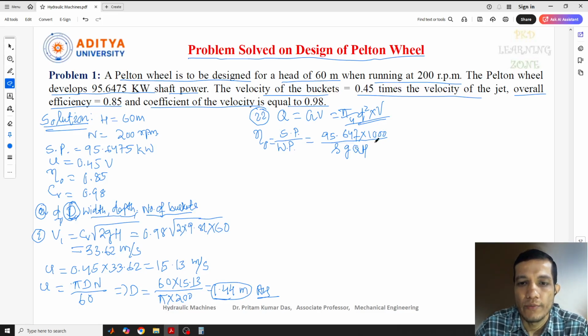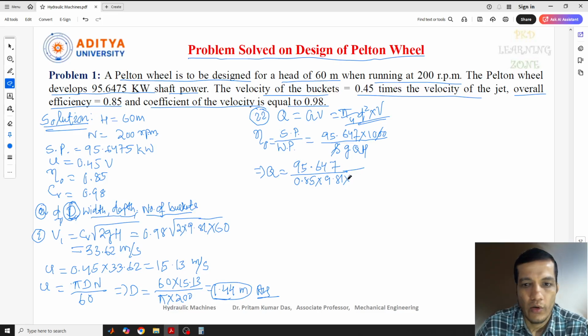So rho will be cancelled. In this formula, the overall efficiency value is given in the question. g is known, H is known, only Q is unknown. So Q equals 95.647 divided by overall efficiency 0.85 into 9.81 into H equal to 60.